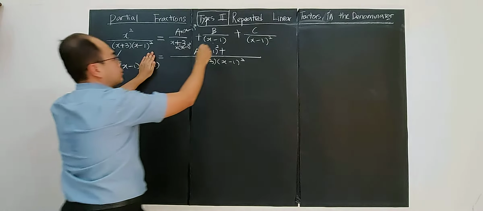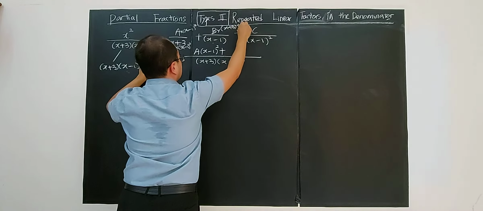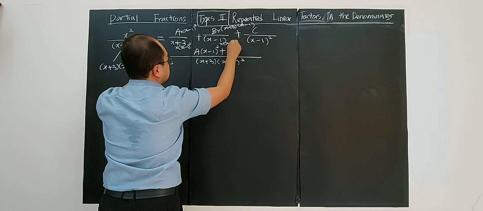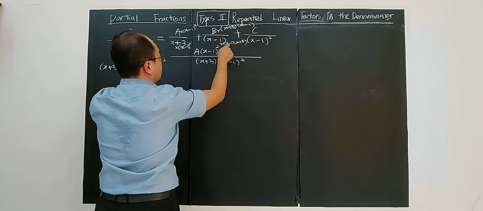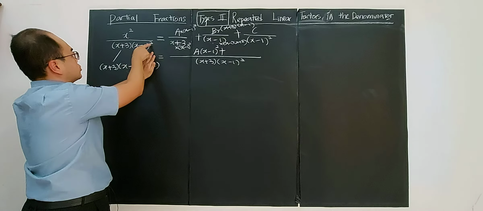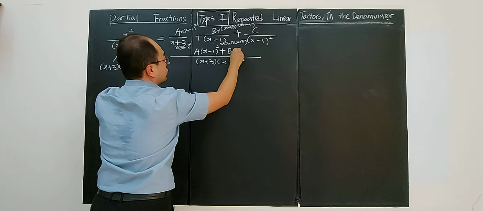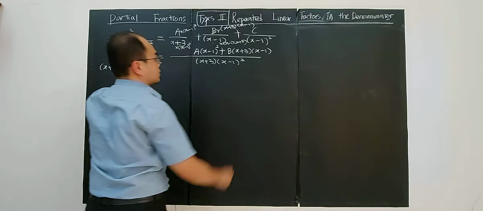It means you have to multiply B with x plus 3, x minus 1. Same thing here, you have to multiply with x minus 1 and x plus 3. Why? Because after multiplying, you will get the squared factor times x plus 3. So for B, you have x plus 3 and x minus 1.